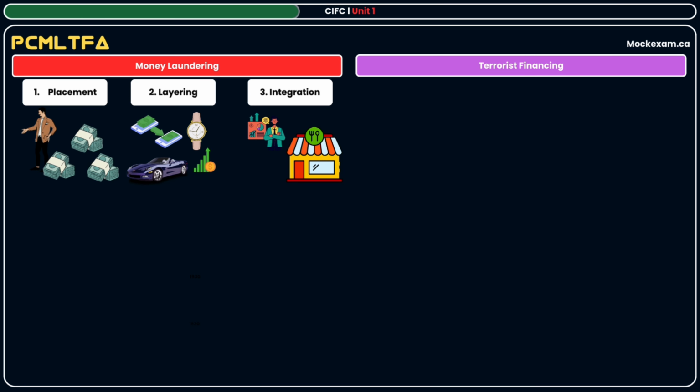Now, if he deposits it into a bank as cash and then buys stocks or property, this is layering. It deposits that cash into a bank and then buys stocks or other stuff, it's layering. And then the integration part: when stocks go up, he sells those stocks and, say, opens up a business.